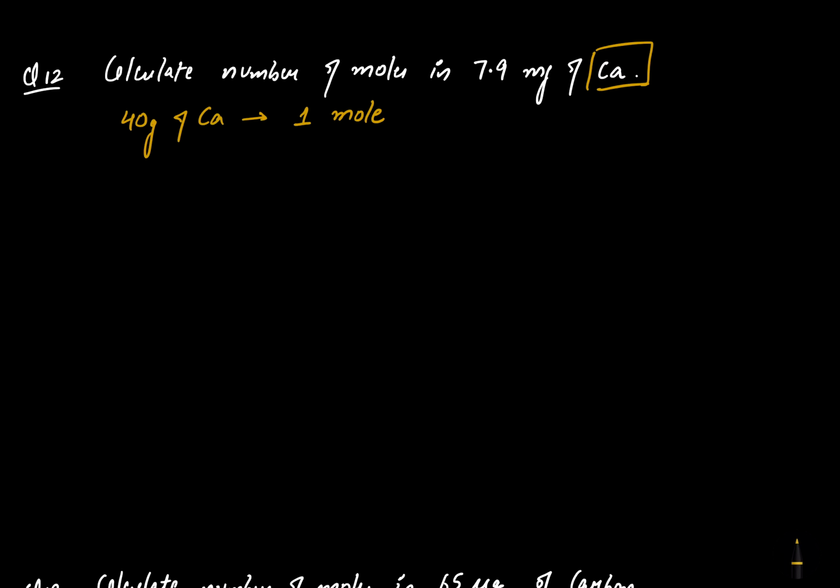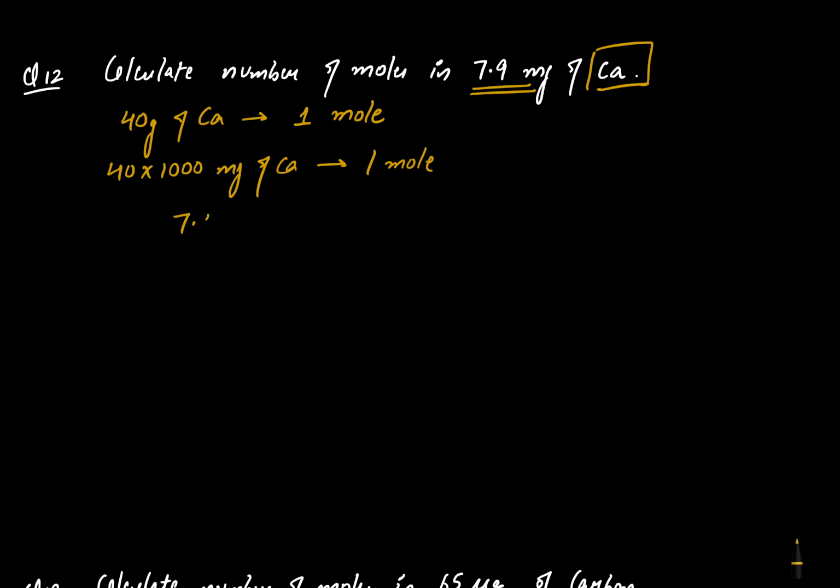Let me convert this grams to milligrams. 40 into 1000 milligrams of calcium makes up 1 mole. I have converted my grams to milligrams by multiplying 40 into 1000. So I have to evaluate the number of moles in 7.9 milligrams.